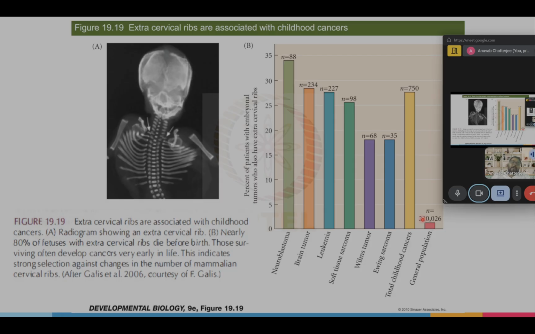So they seemed to be developing a correlation between extra number of cervical vertebrae and embryonic or childhood cancers. They tried to figure it out, and they finally figured that there was a particular Hox gene which was related to stem cell proliferation as well as growth and development of cervical vertebrae.